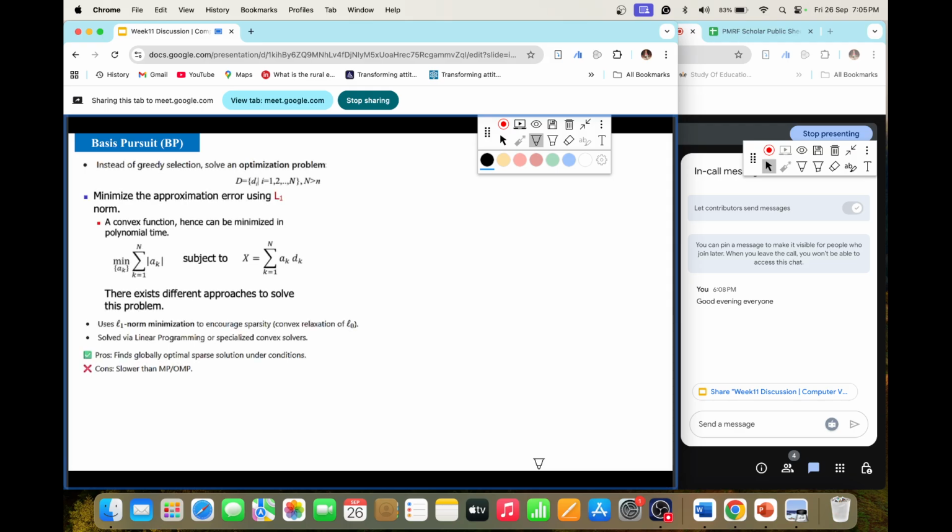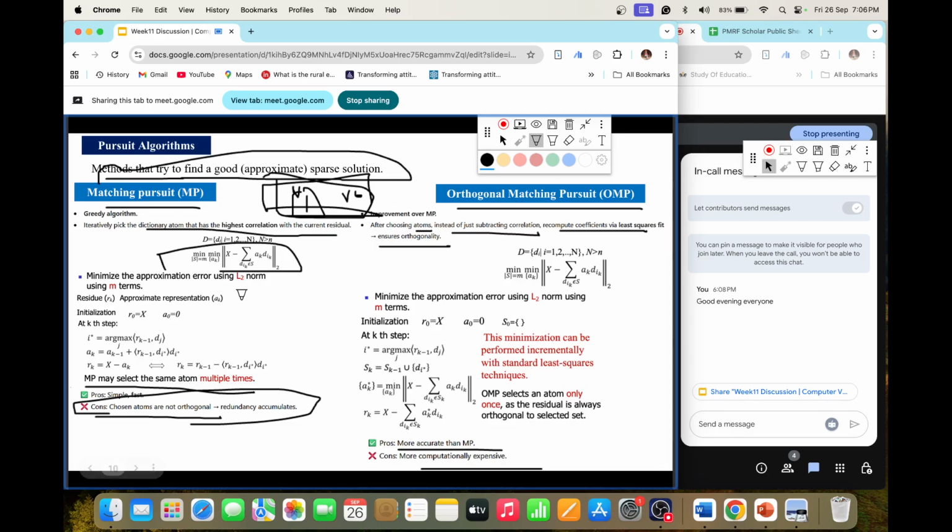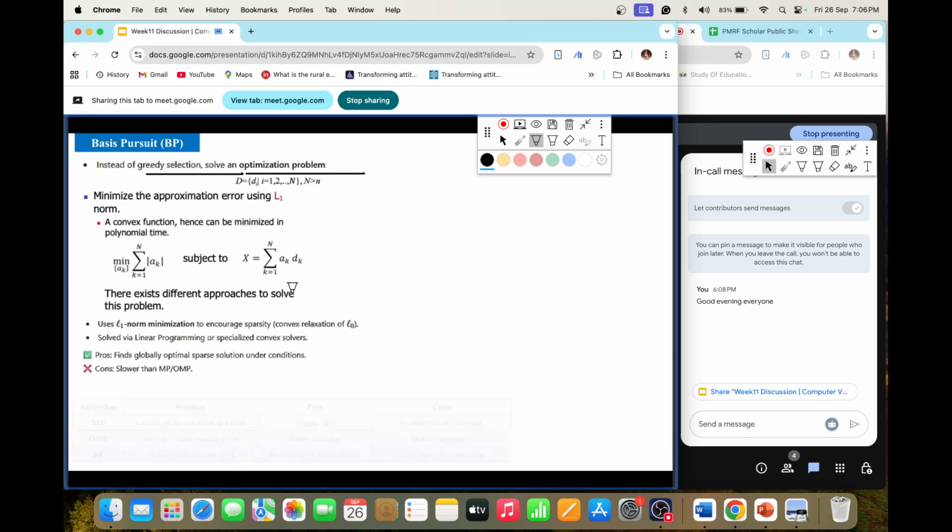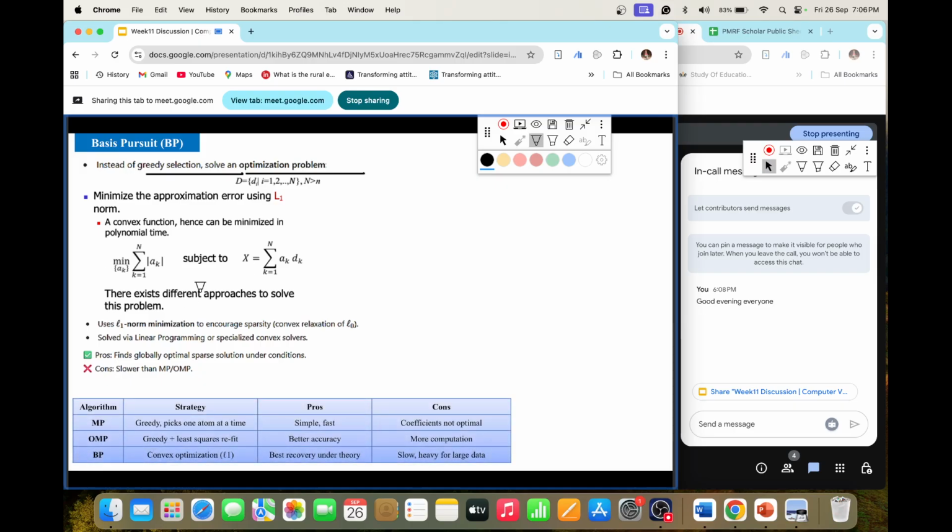Third, we have basis pursuit. Instead of greedy selection, it solves an optimization problem. Earlier we were just doing greedy selection, picking one vector and seeing whether we get the maximum answer. Here it does not do greedy selection but solves an optimization problem.